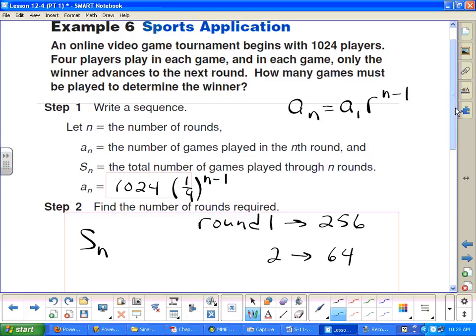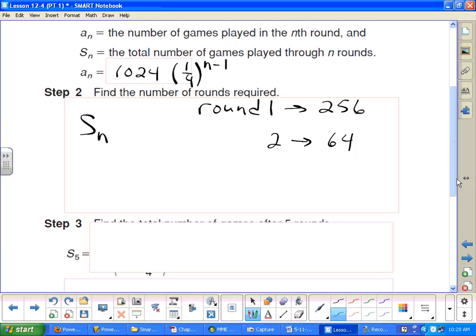Okay. So round 2 would have 64 games. Let's see, this is the number of games, not the players. Round 3, then, there would be 16 games. Round 4, there would be 4 games. And then round 5, there would be 1 game. Okay? So there are 5 rounds to this.